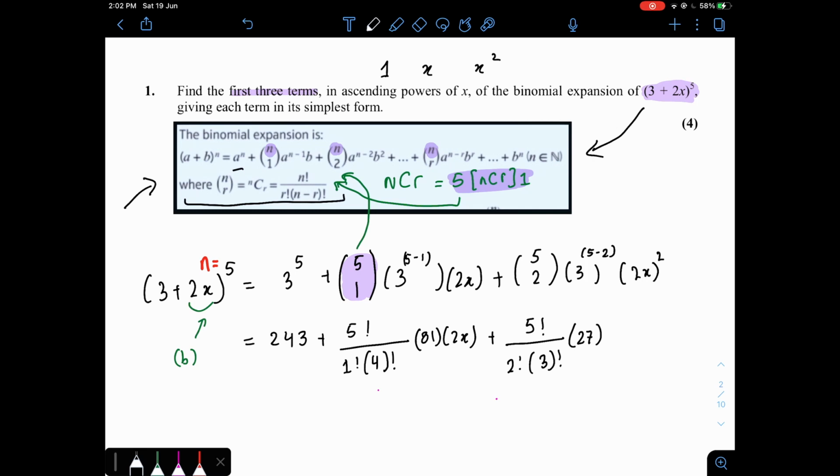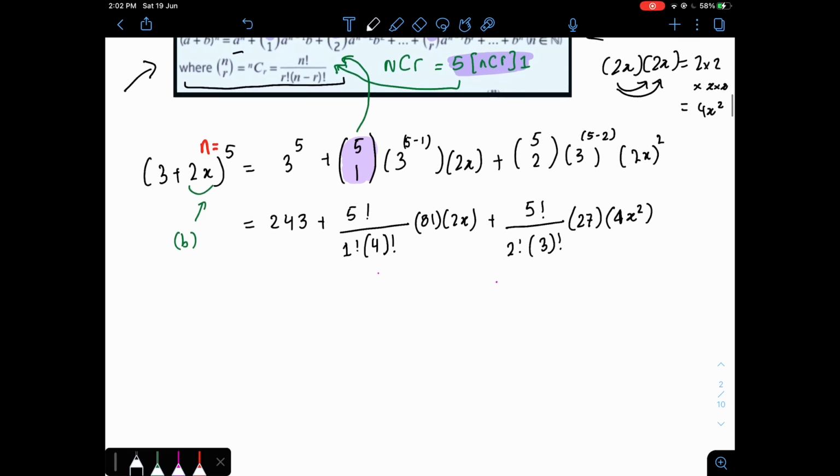And then times, let's simplify, (2x) squared will be 4x squared, because we're multiplying 2x by another 2x, so 2 times 2 times x squared gives 4x squared.